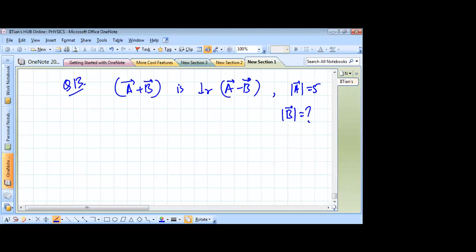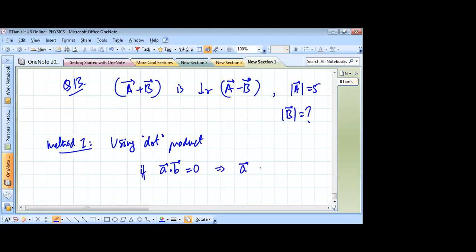So you can do this question again by two methods. One is we can make use of dot product. Using dot product: if two vectors have dot product equal to 0, that means they are perpendicular.